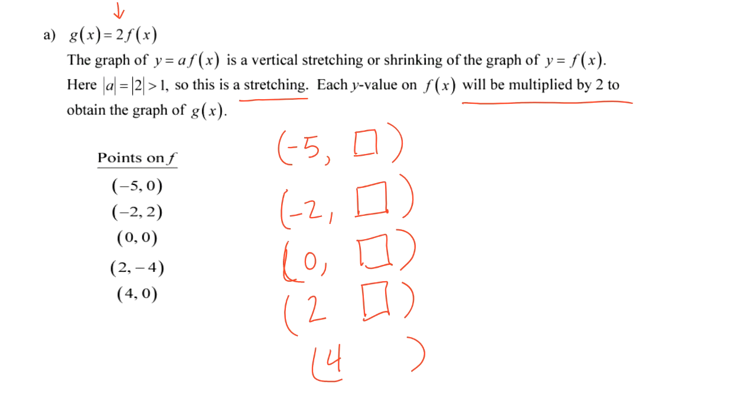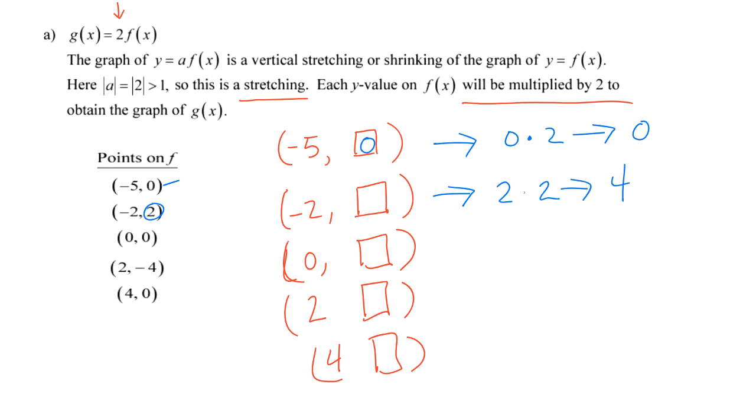So I'm going to multiply each y. So in the first one, my y is 0. So 0 times 2 gives me 0. So that point stays there. Then my second one, my y is 2. 2 times 2 is 4. So my new y is 4.